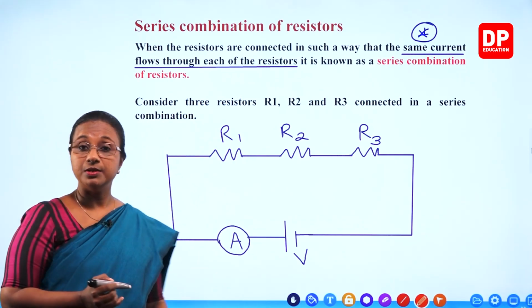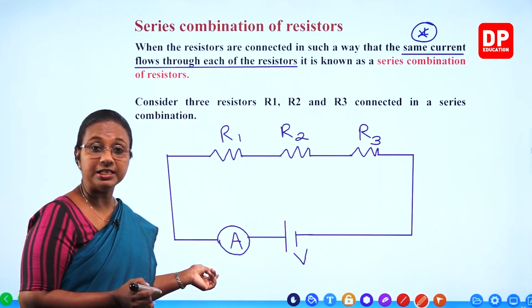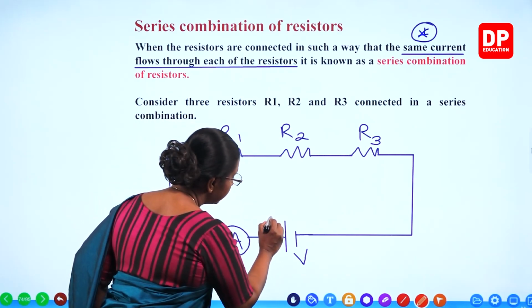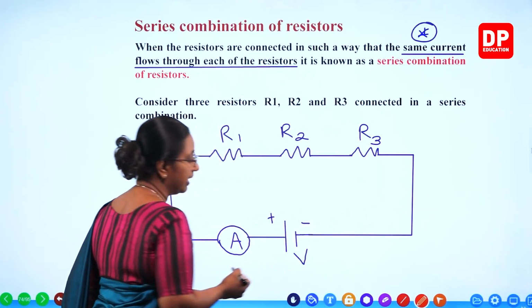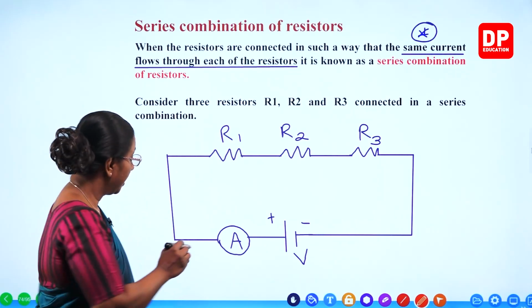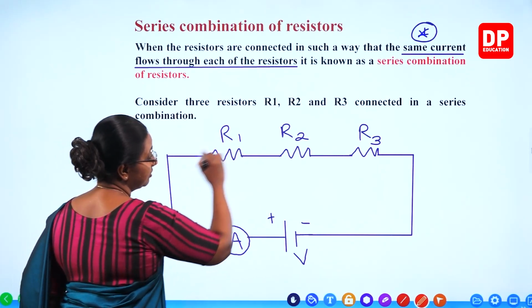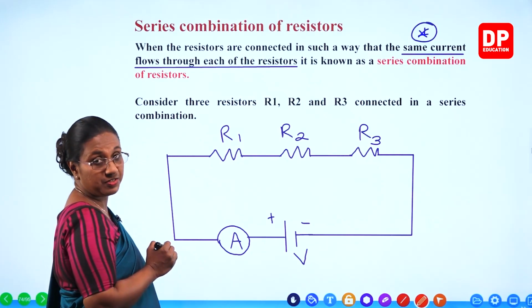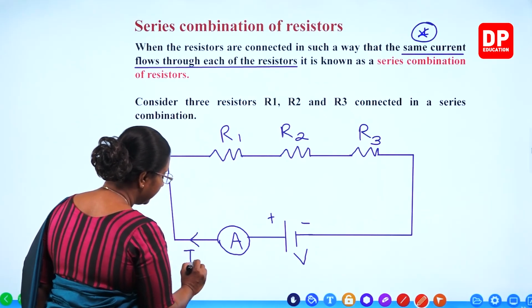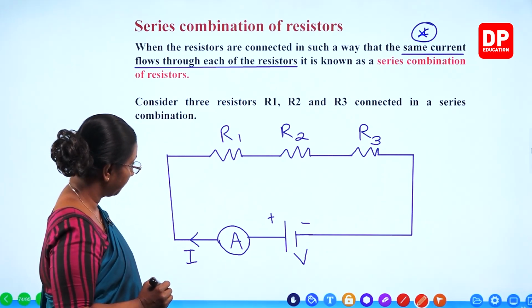So you know why we use an ammeter? To measure the current flowing through the circuit. So since this is the positive terminal, the negative terminal, you all know the direction of the current flow. How will it flow? From the positive terminal to the negative terminal through the circuit. So this is going to be the direction of the current flow.